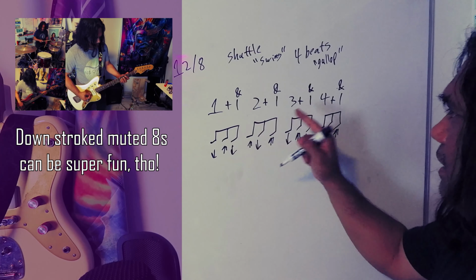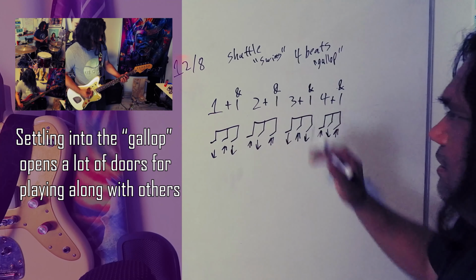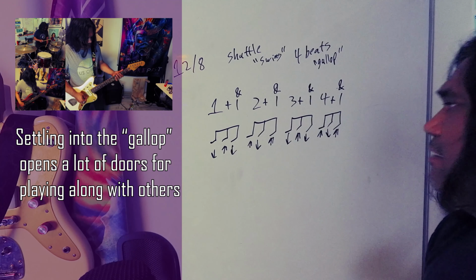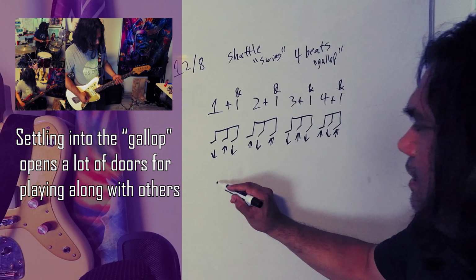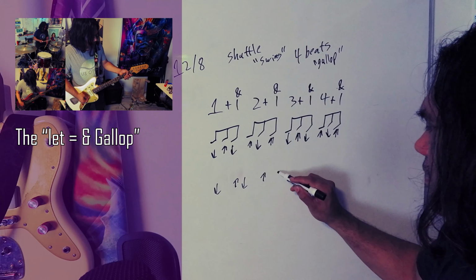But if you're playing 1, let 2, let 3, kind of using that semi-half or that swung half interval, it'll still be down, up, down, up, down.